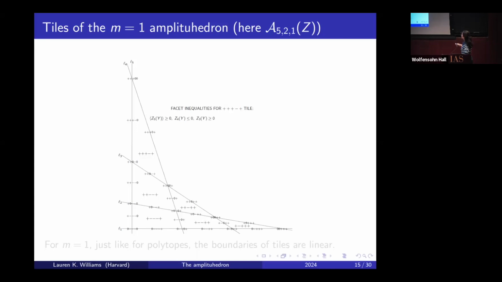So here's the line L5, and this says that we are on this side of the 5th hyperplane. z4 is non-positive. Here's z4, so we're on the left side of that hyperplane, and z3 is non-negative, so we're above this hyperplane. So these are the facet inequalities for this particular tile. And for m equals 1, just like for polytopes, the boundaries of these tiles are linear. Any questions?